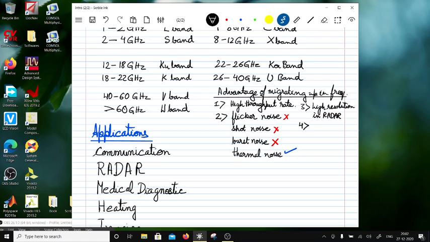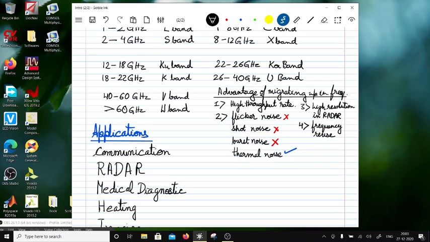Now how come this is an advantage? For example, in mobile systems, you can reuse the frequency when you go from one cell to another cell. So frequency allocation can be reused in a mobile communication system, and that improves the subscriber capacity. So that's the advantage: frequency reuse.